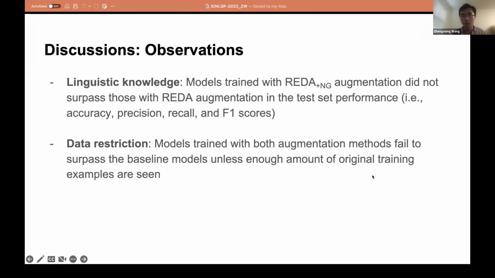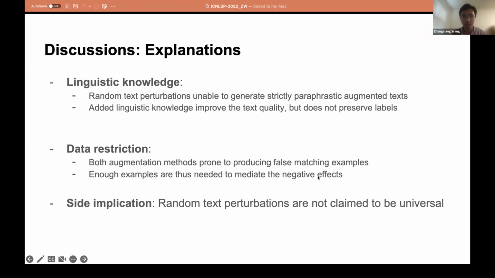Models trained with both augmentation methods fail to surpass the baseline model unless enough original examples are seen. So that might mean linguistic knowledge is not very helpful as far as the random text editing perturbation techniques used in this study are concerned.